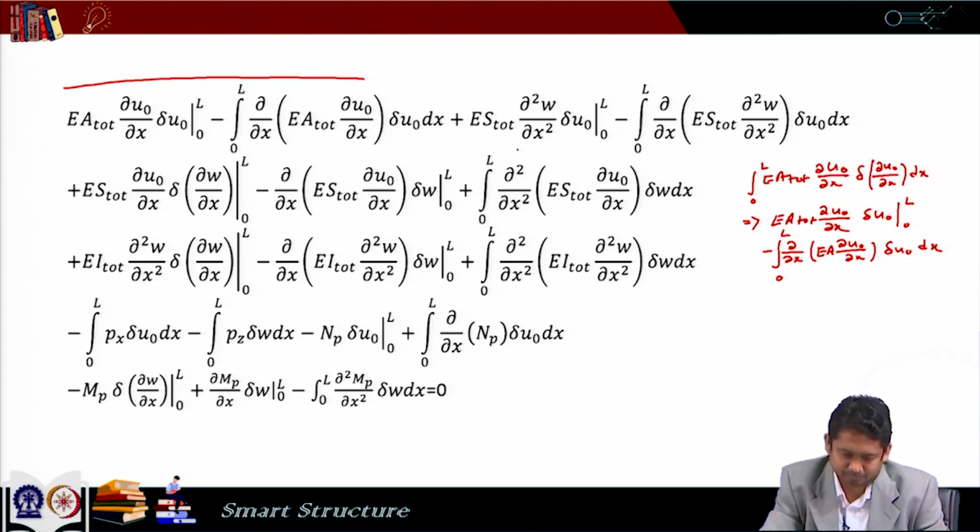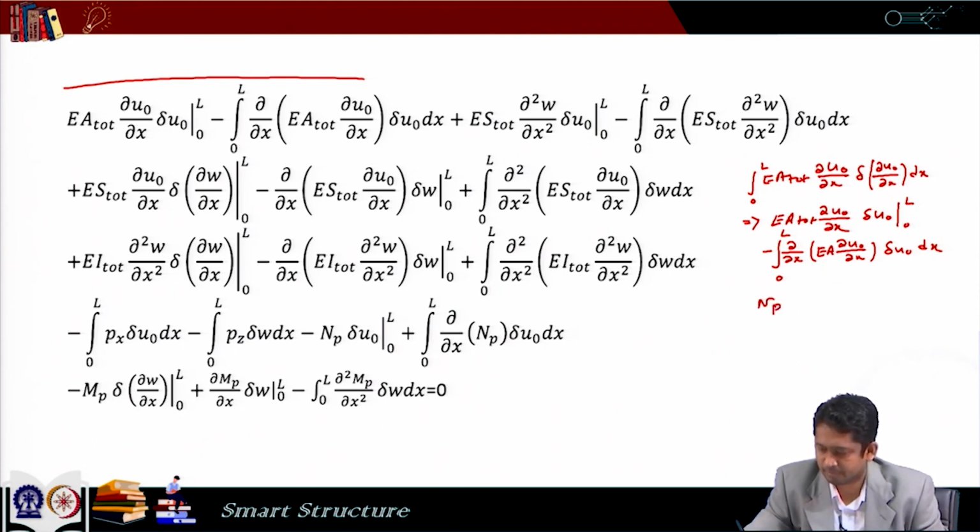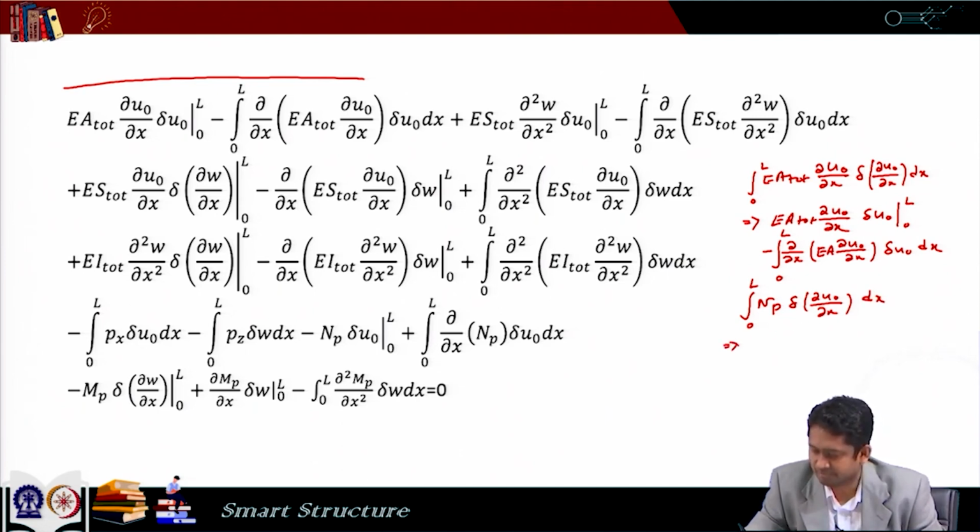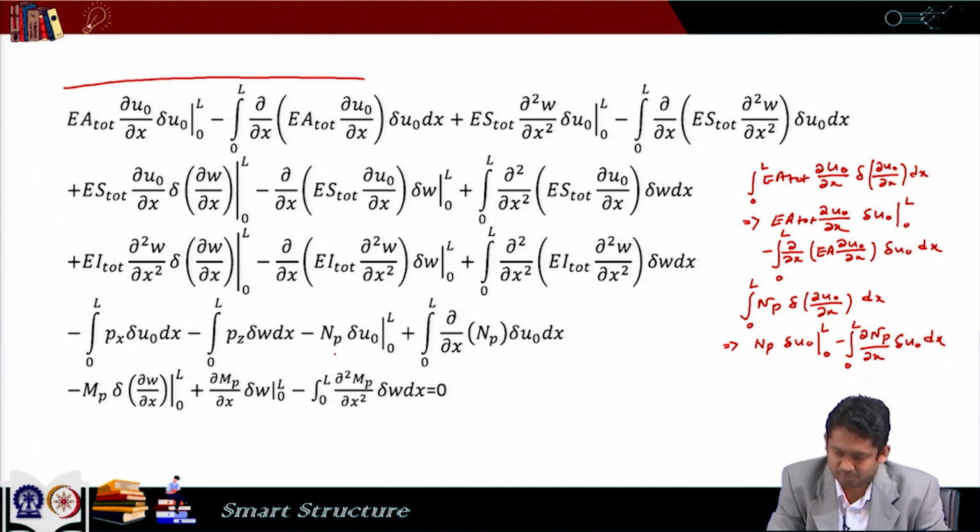Then we had N p multiplied by delta of del u 0 by del x, integrated from 0 to L. If I do integration by parts here, it gives me N p multiplied by delta of u 0, from 0 to L, minus del N p by del x into variation of u 0, which we can see here.